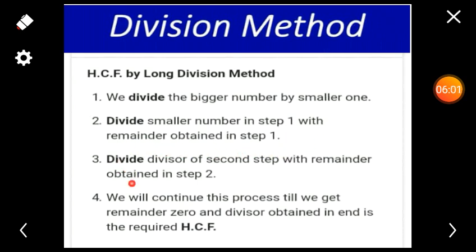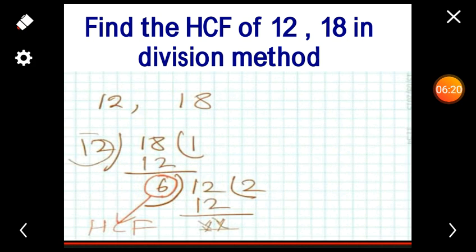And third, divide the divisor of the second step by the remainder obtained in step 2. Last, we continue this process till we get remainder 0, and the divisor obtained in the end is the required HCF. Consider the same example, the numbers 12 and 18. Find the HCF of 12 and 18 in the division method.